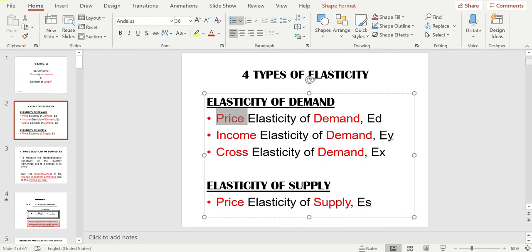Cannot do that, because elasticity of supply is also price elasticity. So if you put EP here, it will be EP, and here it's also EP. So it will be very confusing afterwards. That's why we put this one as ED, price elasticity of demand, and ES as price elasticity of supply. Okay, so afterwards it will be very easy for you to understand this.